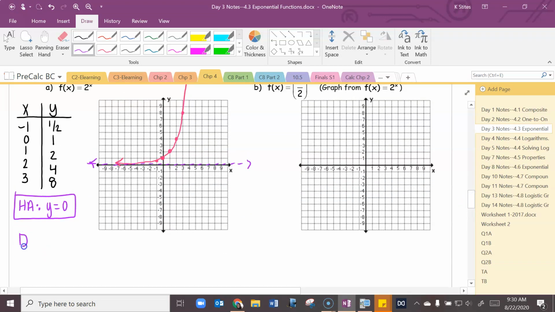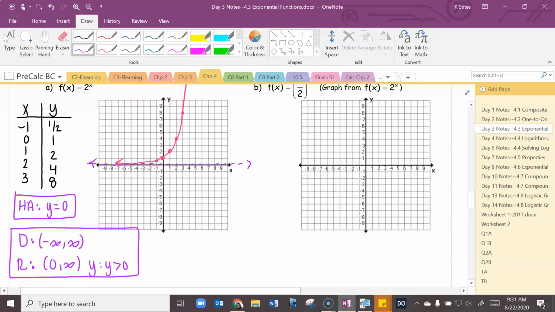Domain, we already said for exponential functions is all real numbers. Range, because there is no vertical shift here, it's just based on the horizontal asymptote. And so we're going to say range is going to be 0 to infinity, or you could say y such that y is greater than 0. Okay, whatever notation you prefer to use.